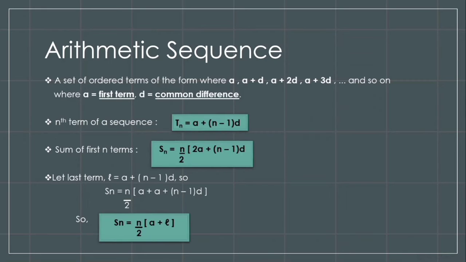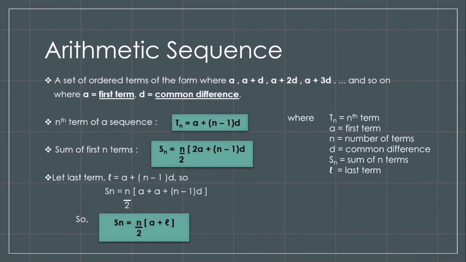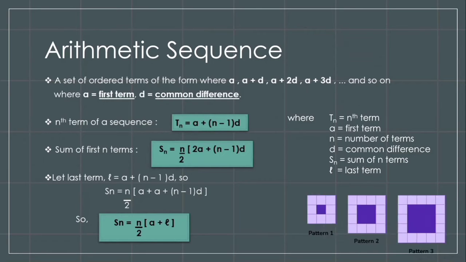By letting the last term L equal A plus (n minus 1) D, we can get that Sn equals n over 2 times (A plus L), where Tn is the nth term, A is the first term, n is the number of terms, D is the common difference, Sn is the sum of n terms, and L is the last term.